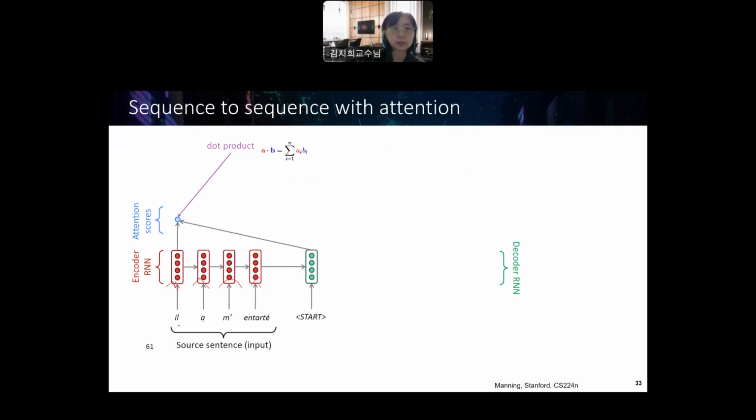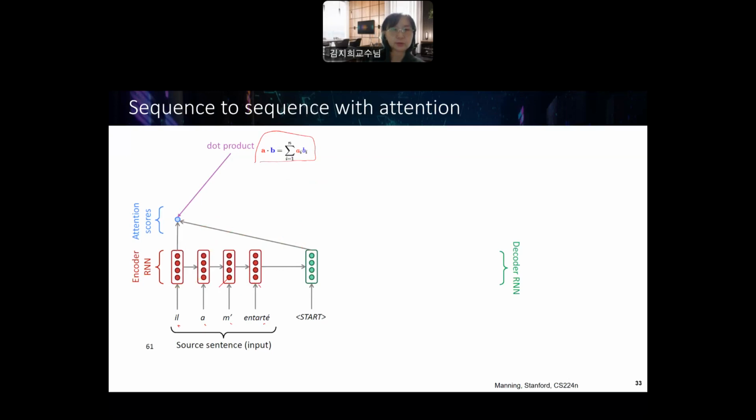There are 4 words in the input, and we look back, not just at the last state, but at all the previous states. And how do we do that? We use the dot product. And dot product usually means similarity or relevance.